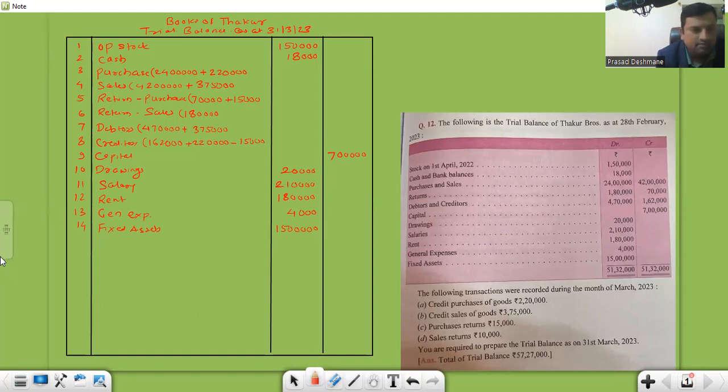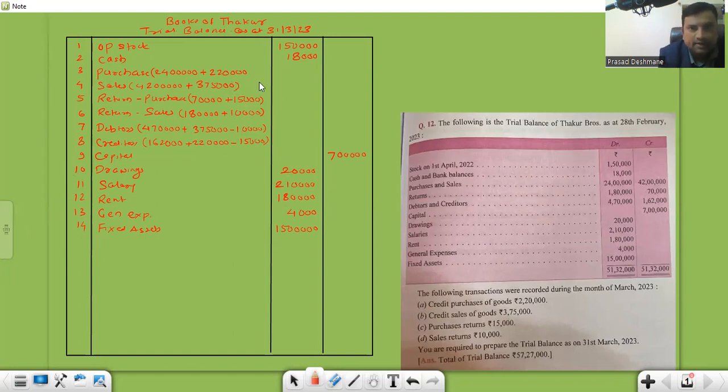Similarly, there's a sales return. So we'll add to sales return, 10,000. And when we got the return from our customer, the debtors balance will reduce by 10,000. That's it. Now we'll calculate the final balances and put it out.